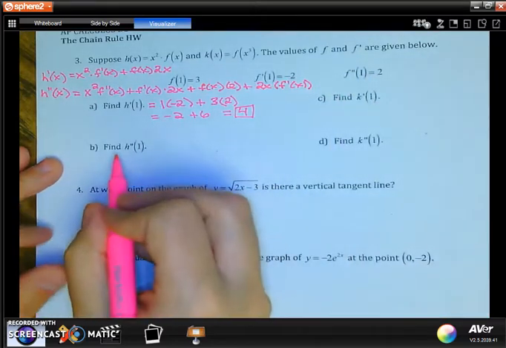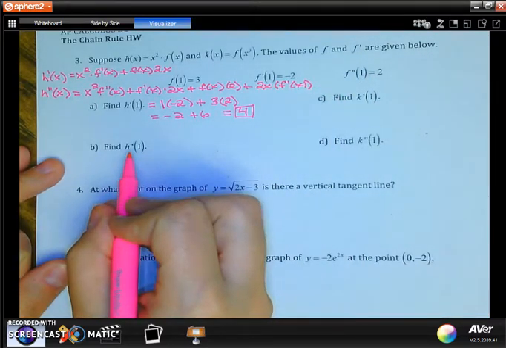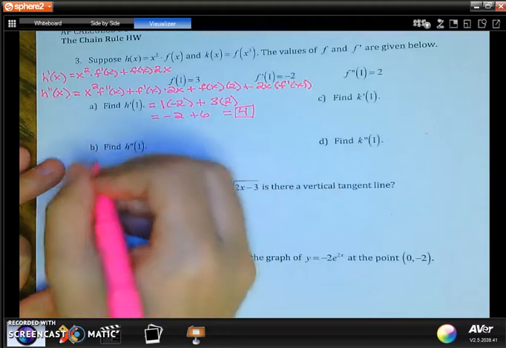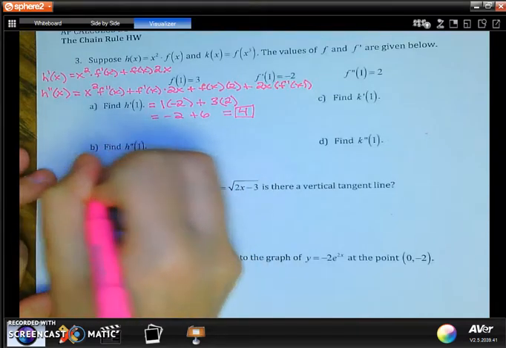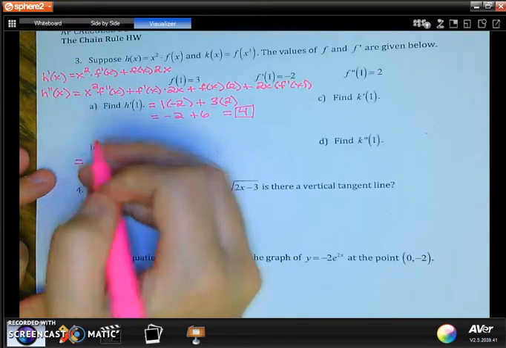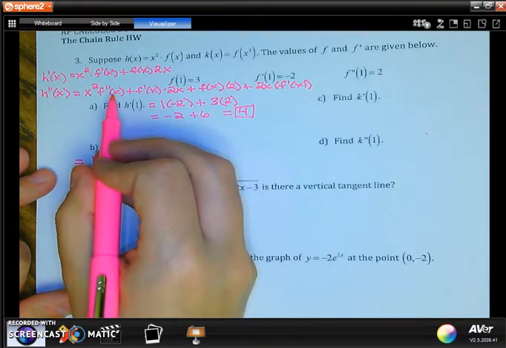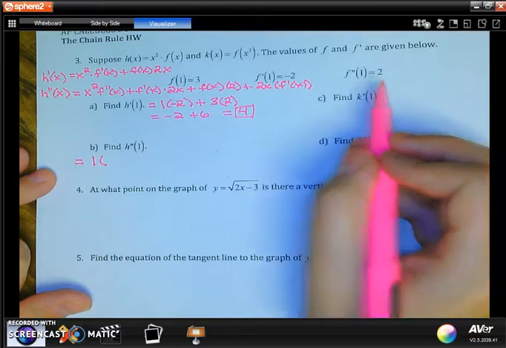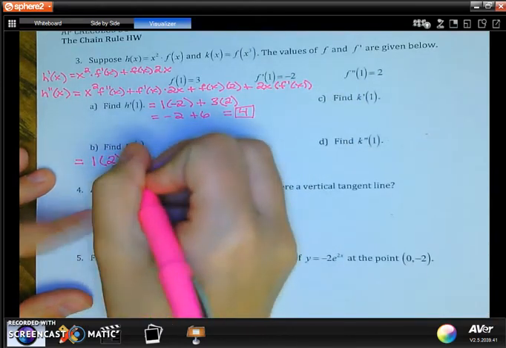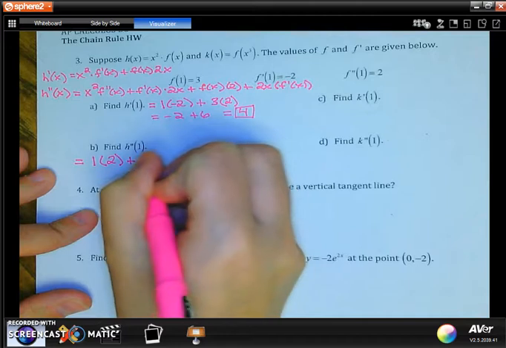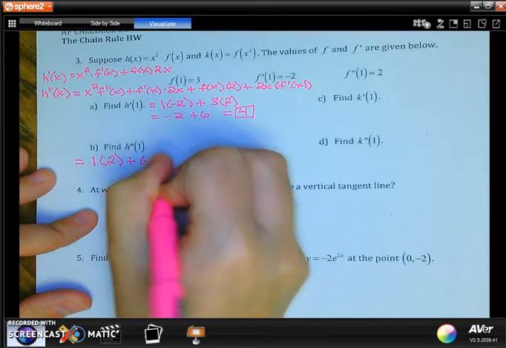Okay, so now for this h double prime here, I'm going to plug in a 1 for all of those things. So when I plug that in, 1 squared is just 1. Then when I plug in a 1 here, f double prime of 1 is 2 according to this, plus f prime of 1 is going to be a -2.